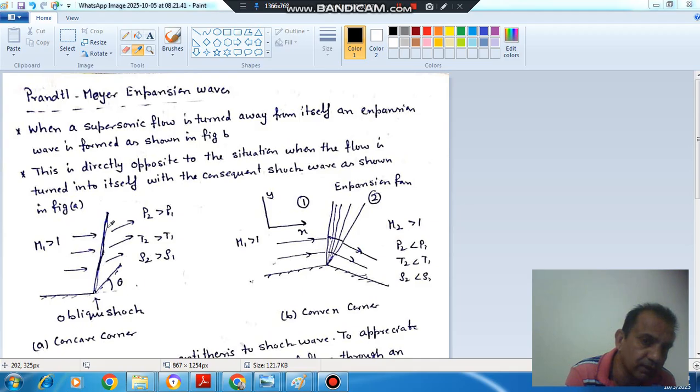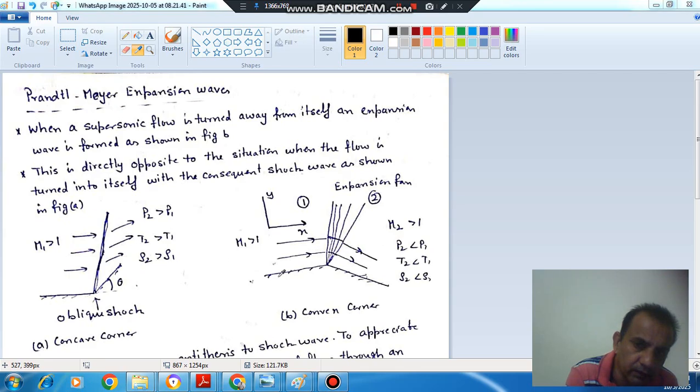So this is your oblique shock wave, and that we have studied. Here the Mach number was more than 1 and the flow is turned into itself. So here the flow is like that and it is turned into itself after the shock.